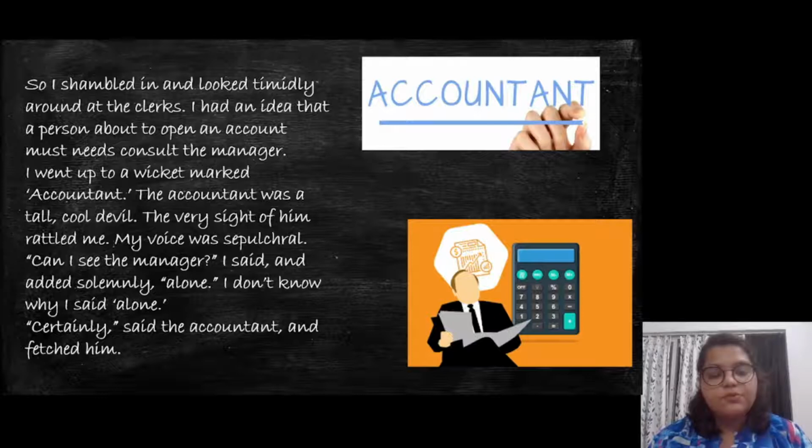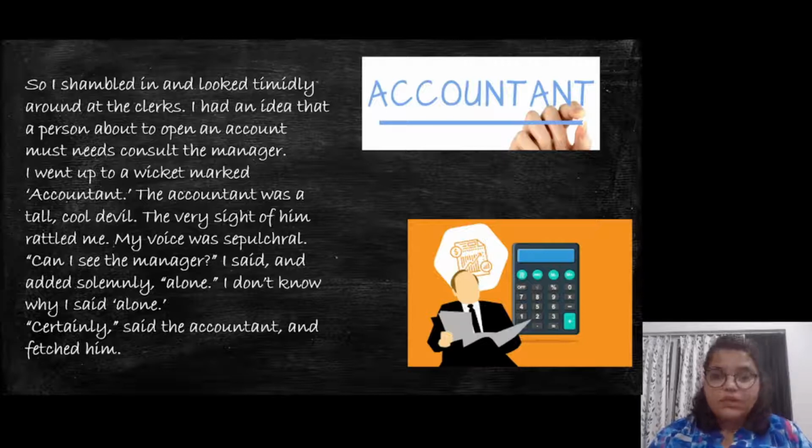So he walked up to a person named accountant. He saw the wicket over there. He saw a board over there. Wicket means a board over there on which accountant was written. And he visited that person and said that he wanted to see the manager alone. And even he was second guessing. Why did he say alone?